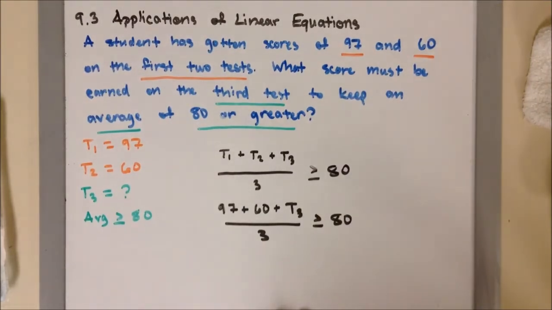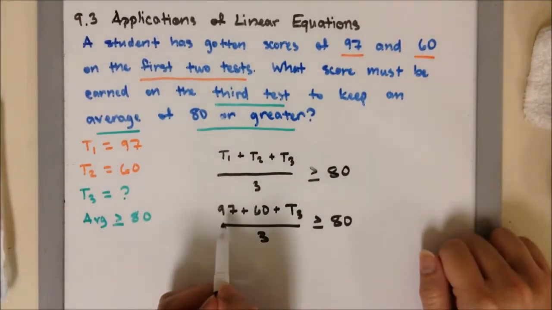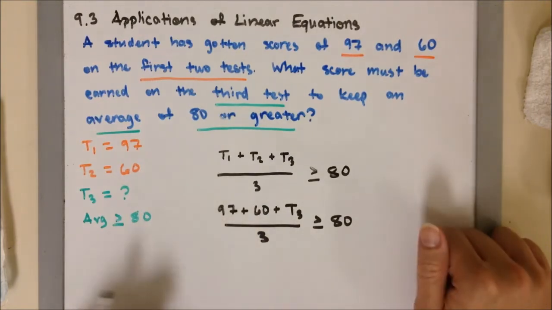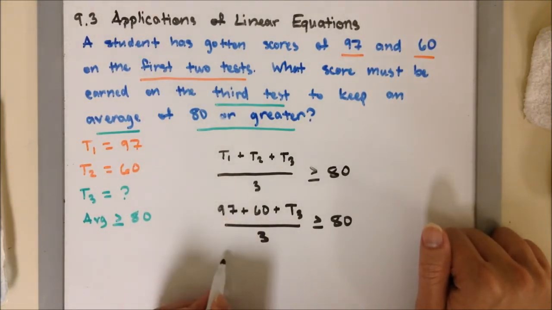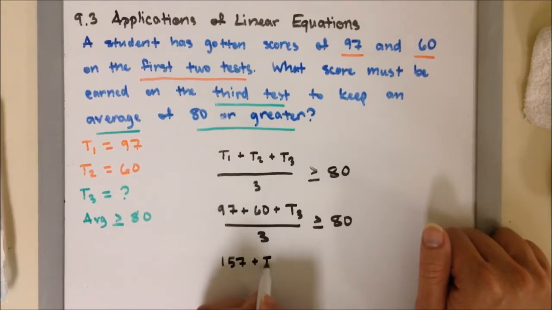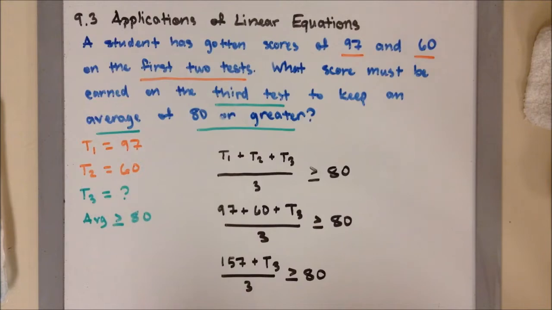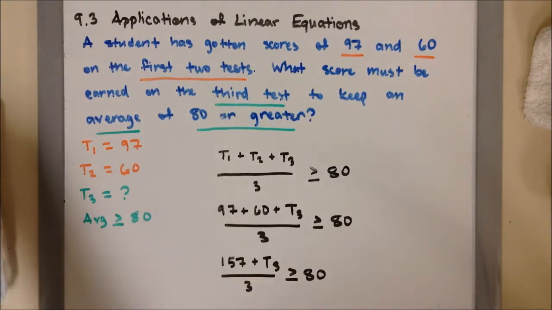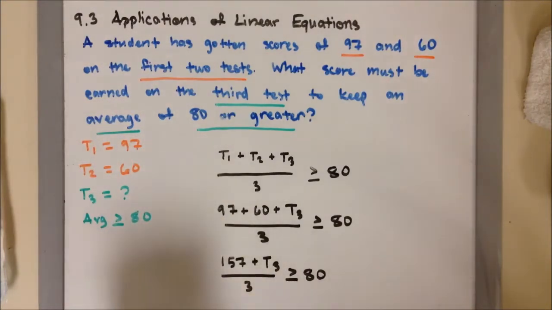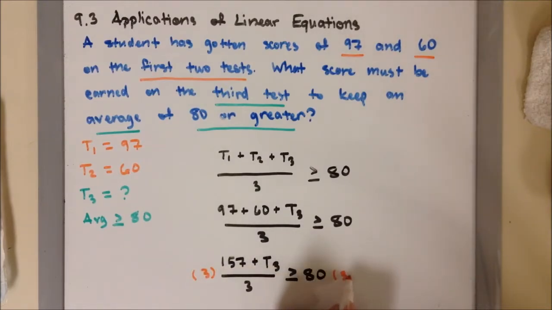Now from here, what I would simplify is combining 97 plus 60. So 97 plus 60, that's 157, plus T3, the third test, the whole thing divided by 3, greater than or equal to 80. Now since we have a fraction, I want to multiply both sides by the denominator, which is 3. So I'm going to multiply the left side by 3 and the right side by 3.